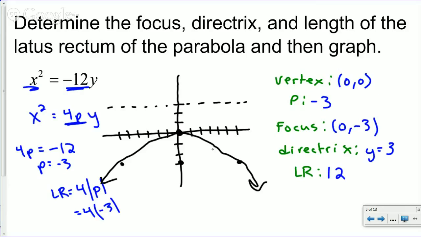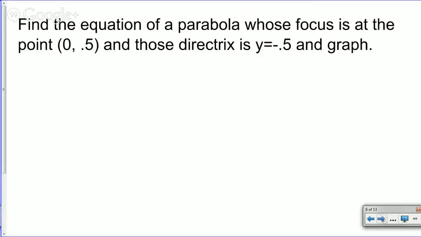Again, any point on this parabola, let's say here, is the same distance from the focus as it is from the directrix. And maybe we'll do something on MATLAB to take a look at that. All right, so these are the key things that we need to be looking for on these types of problems.